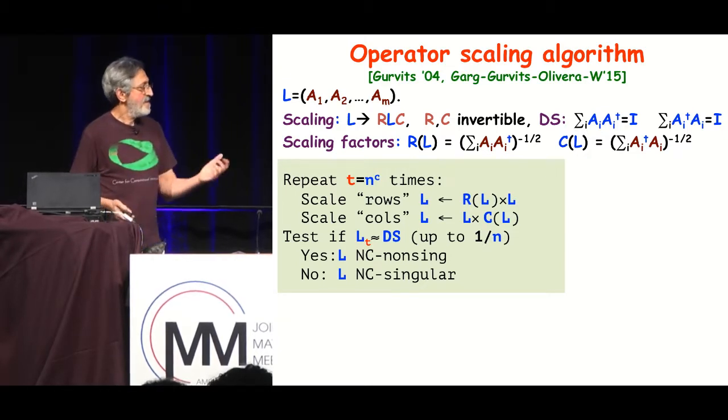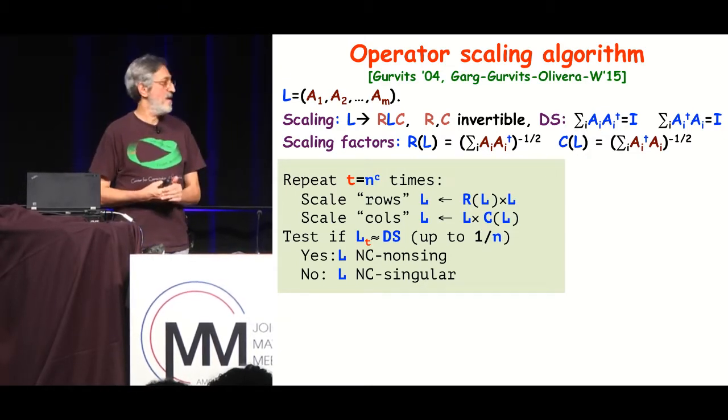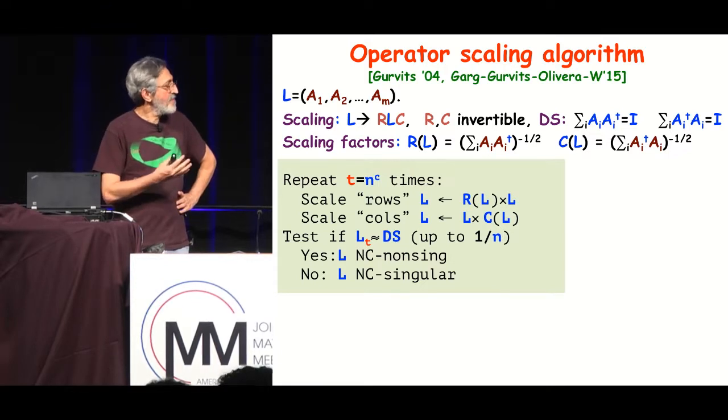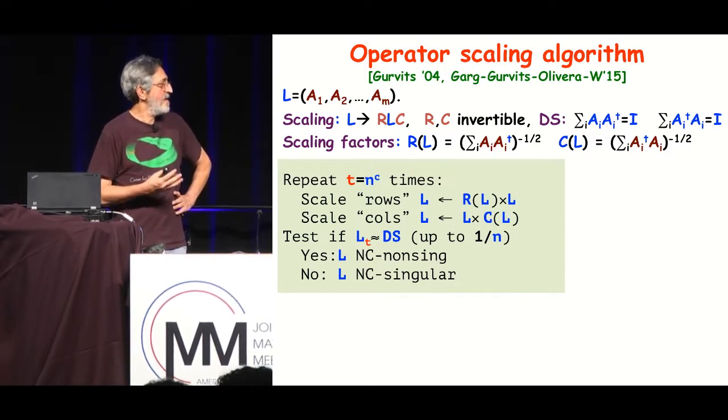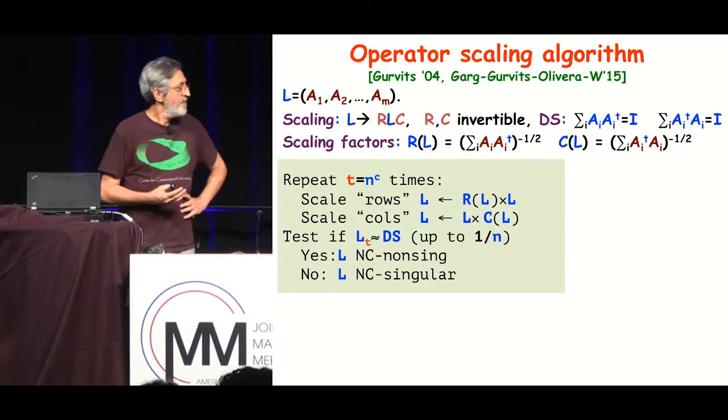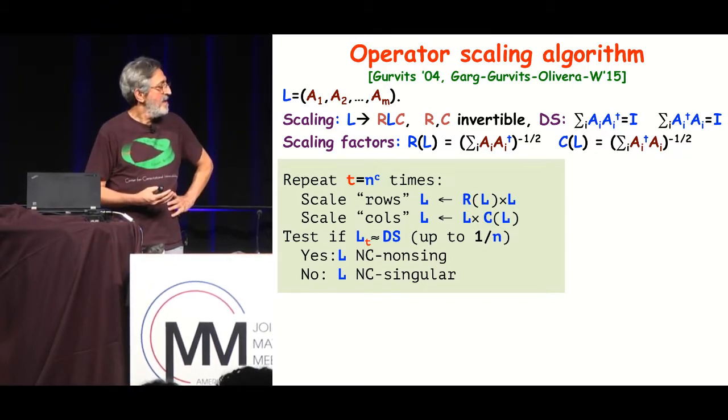And as before, convergence tells you whether it's singular or not. So it's just verbatim copying the same idea as before. And the only question is, how do you prove that a polynomial number of steps suffices here?